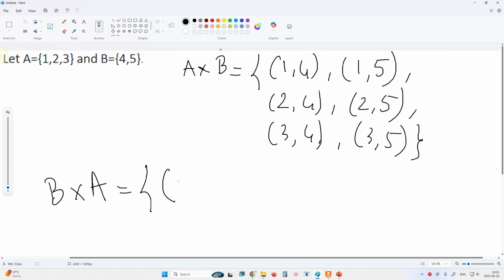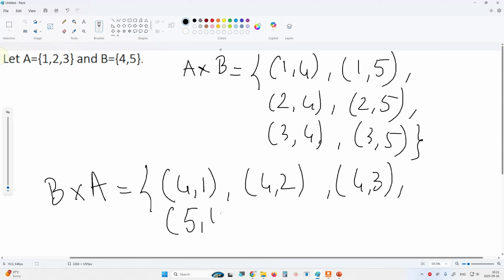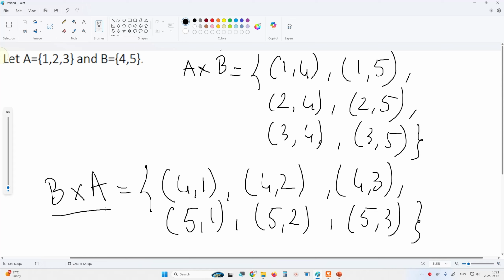So I'm going to have 4, 1, 4, 2, 4, 3, and then 5, 1, 5, 2, and 5, 3. That is the result of the Cartesian product between B and A. So it's clearly different from A and B.